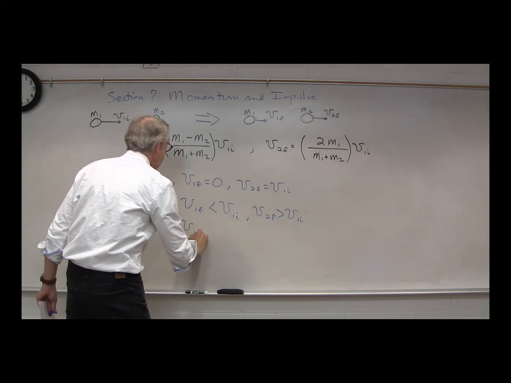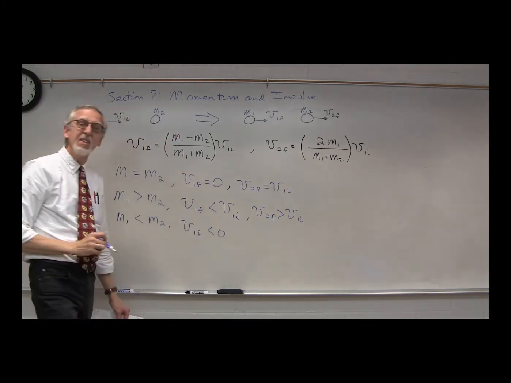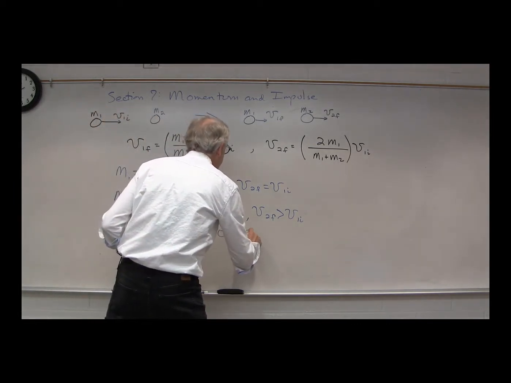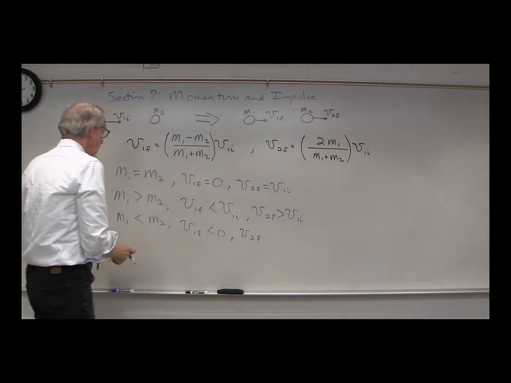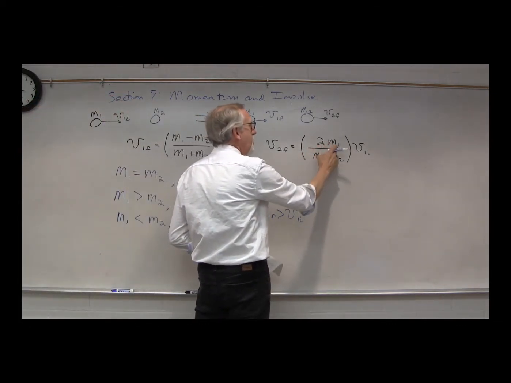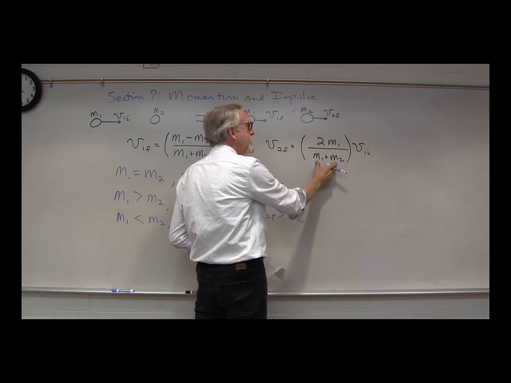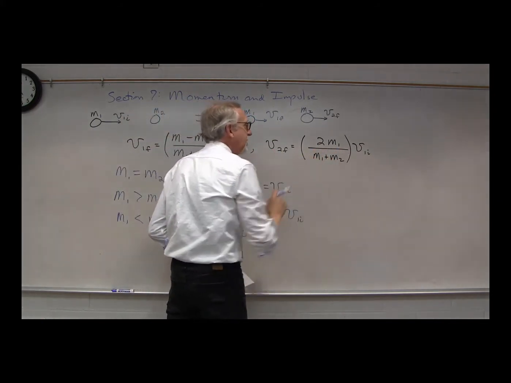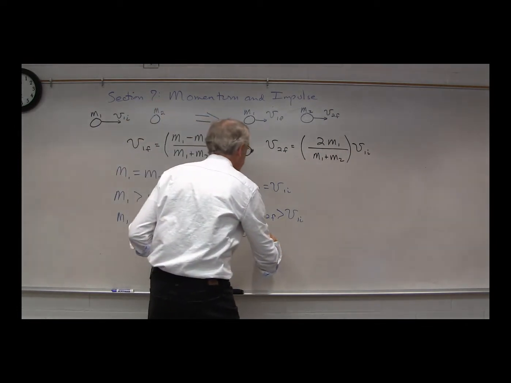So V1 final will be less than 0. It'll be negative. And then, what about V2 final? Well, if M1 is less than M2, 2M1 is going to be less than M1 plus M2. V2 final will be less than V1 initial.